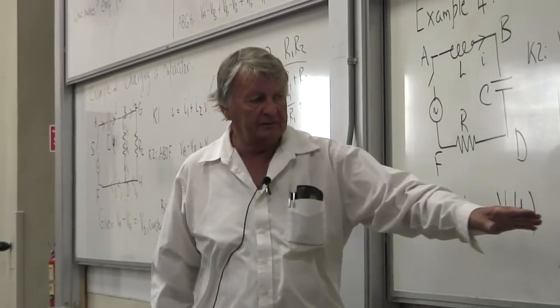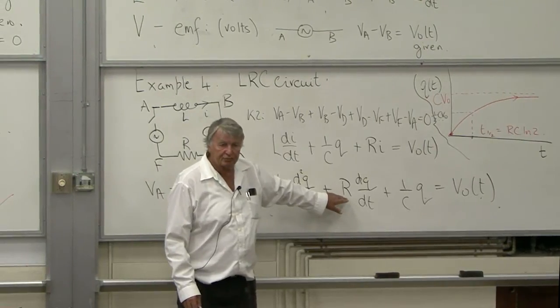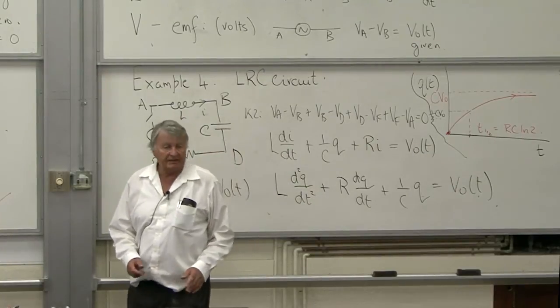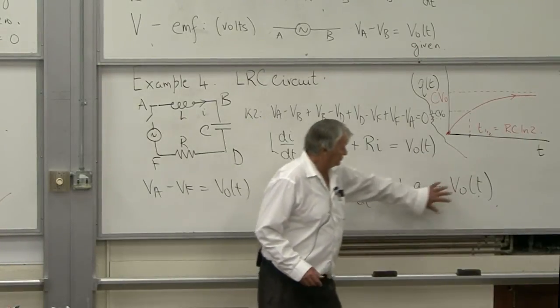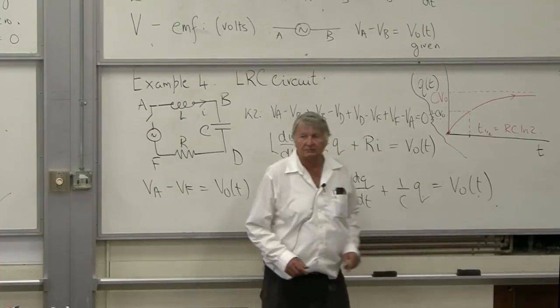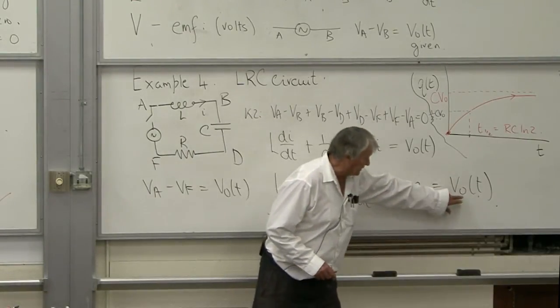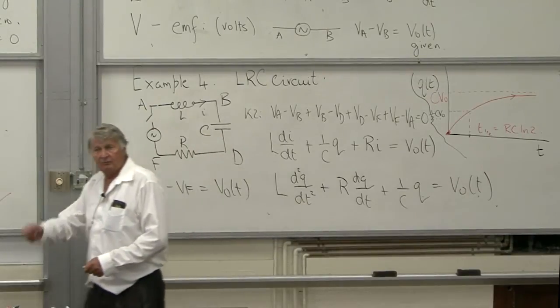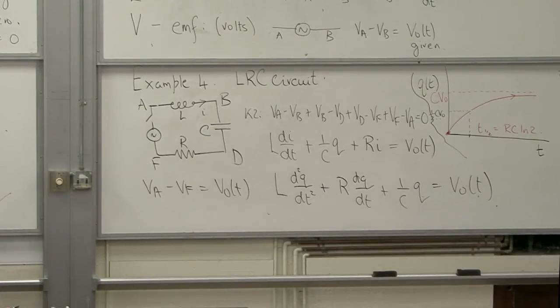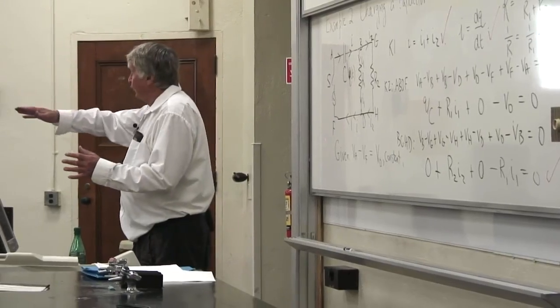If R is in some sense quite small, the solutions of the homogeneous equation, namely this equals 0, will be just oscillations, roughly with frequency 1 over the square root of LC, times a very slow decay.